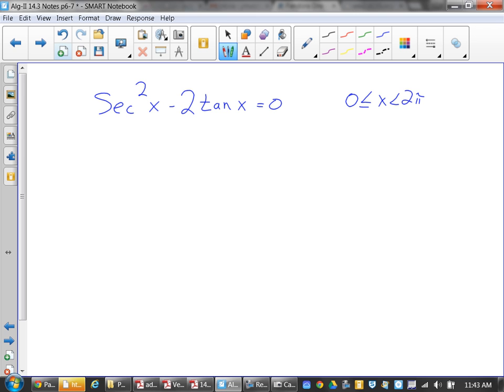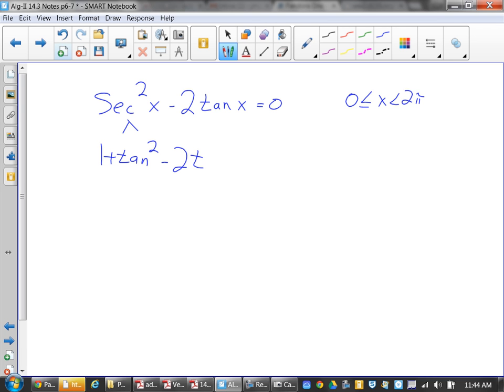In order to solve these, you'll have to get everything in terms of one function. So in this problem, which one do you think you're changing? I was just gonna change them both. There's nothing for tangent to turn into a secant, but secant squared is a Pythagorean identity: secant squared is 1 plus tangent squared.